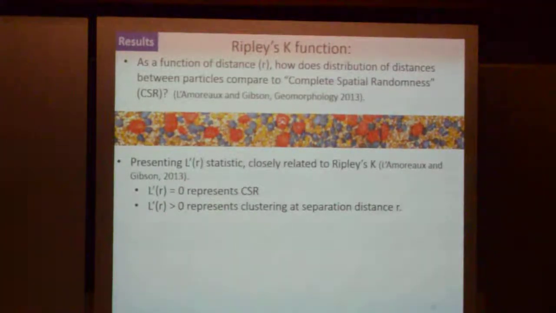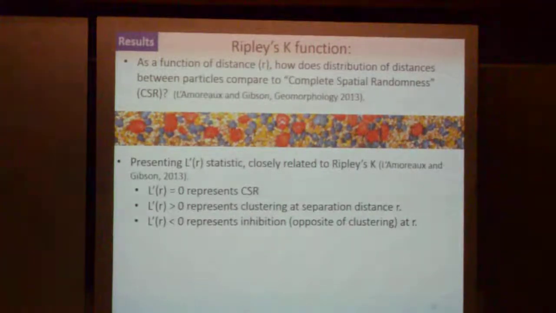A value greater than 0 represents clustering at some distance apart of r. And a value less than 0 represents the opposite of clustering, in a sense: a more uniform distribution, or fewer particles than you expect at a given offset distance r.